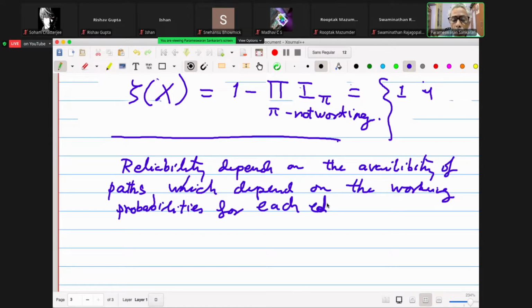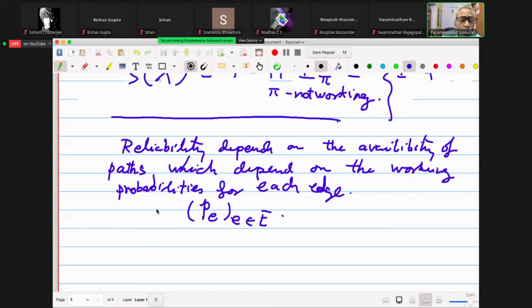This is given by some vector pe, e in the edge set. You just think of it as some kind of vector P, and then you want to compute R of P. Now I introduce, of course, xe, this random variable.